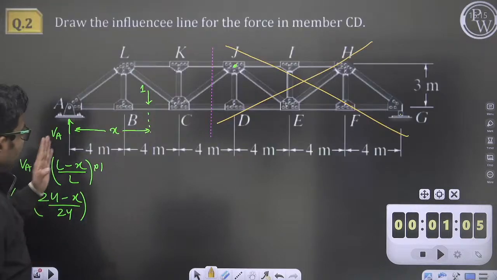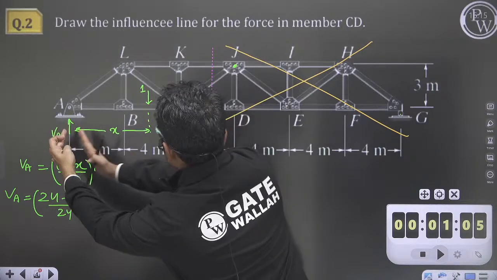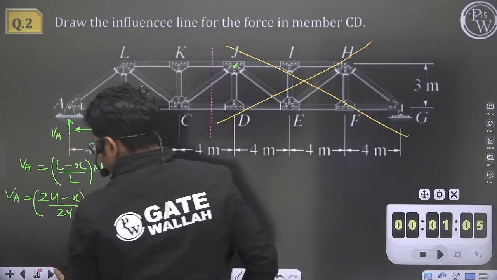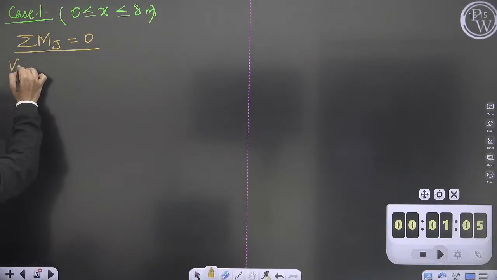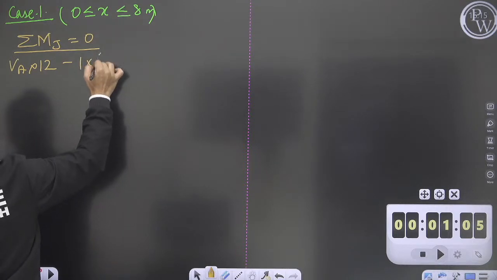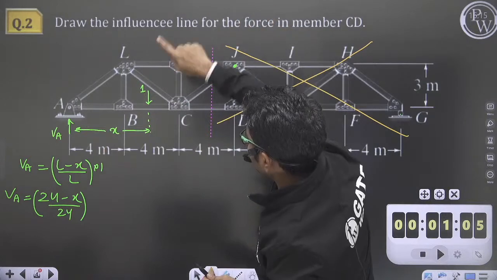Now, because of VA, how much moment is coming? We get VA into the perpendicular distance, 4, 4, 4, so 12 meter. So VA into 12 meter, minus 1 unit load into the distance. This unit load gives moment in anti-clockwise direction.